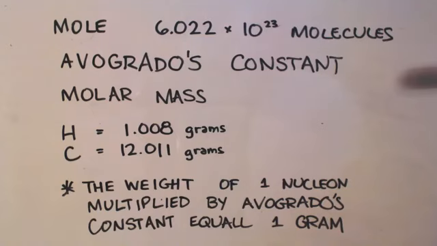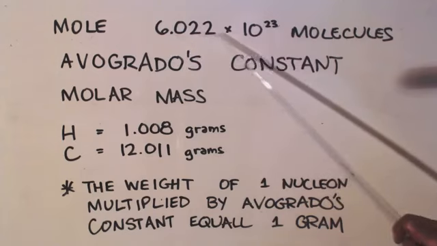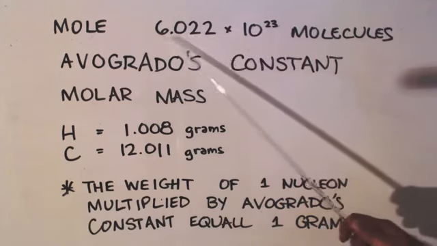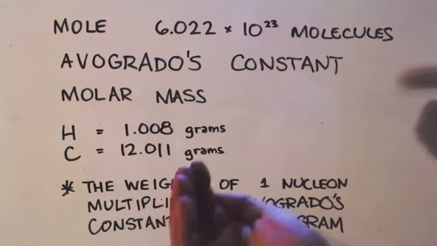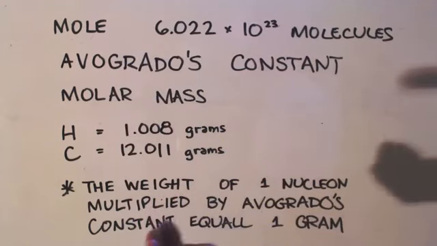So if I hold a proton or a neutron in my hand and multiply that by Avogadro's number, that's how many protons or neutrons I have in my hand. That means I have a gram of protons in my hand.